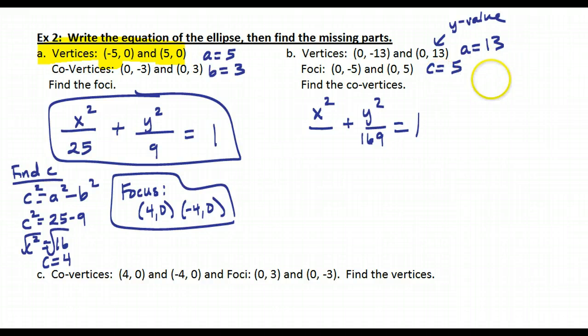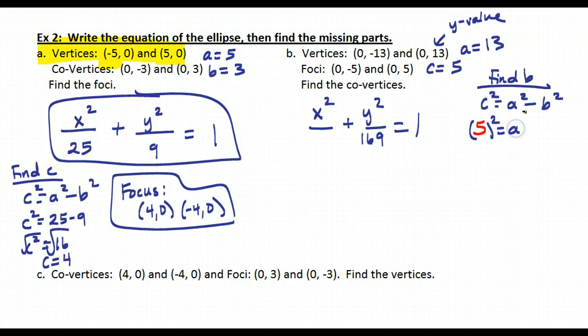I don't know what b is, but we actually can use that same equation that we used before in order to find b. So this time I know that I have 5 squared, and I know what a is too, actually. A is 13. And you know what? I just broke my other shortcut I just told you a second ago. If we already know that that's going to be 25 and that's going to be 169, you can write it down right away.